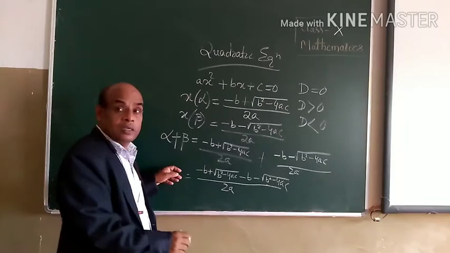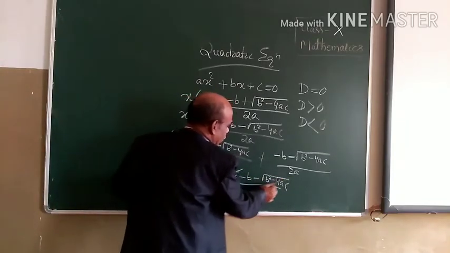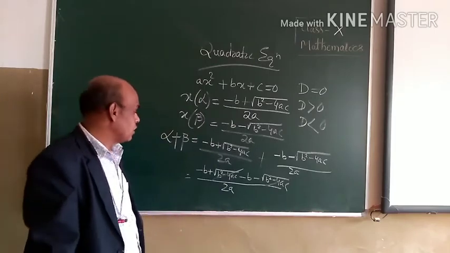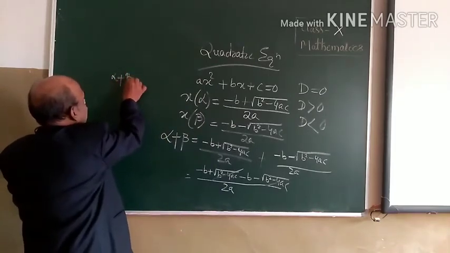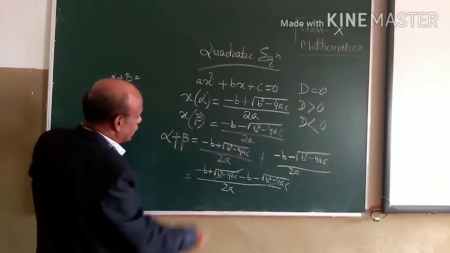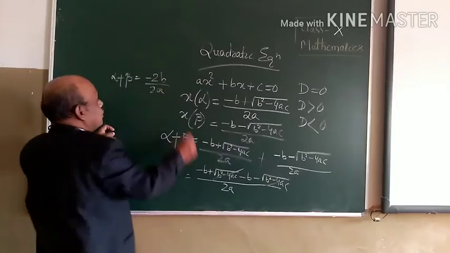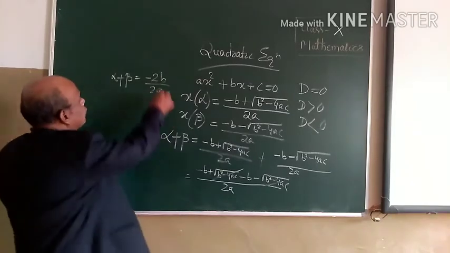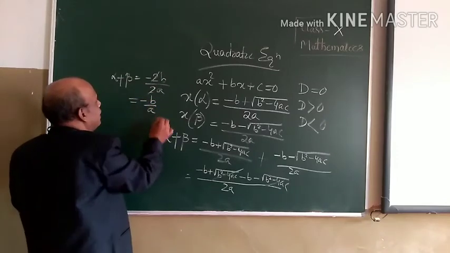Here the plus root of b square minus 4ac and the minus root cancel. So alpha plus beta we got minus 2b by 2a, and the 2 cancels, finally we got minus b by a.